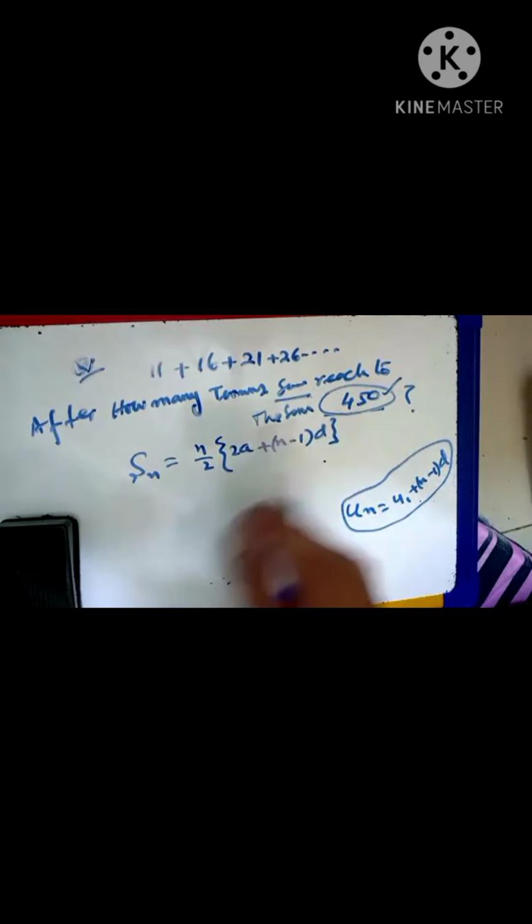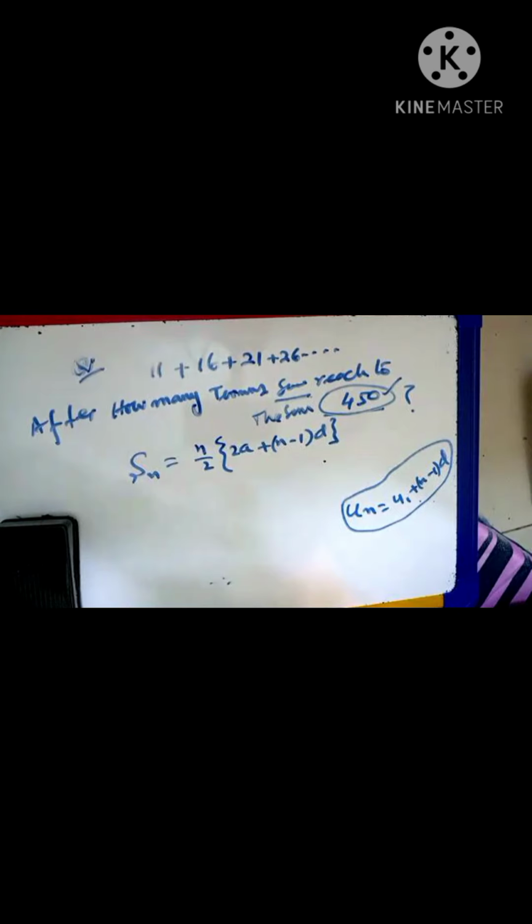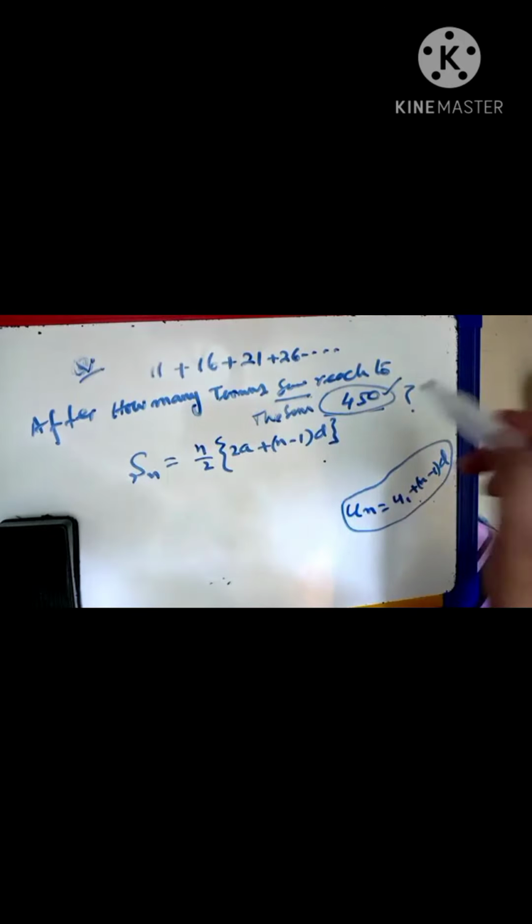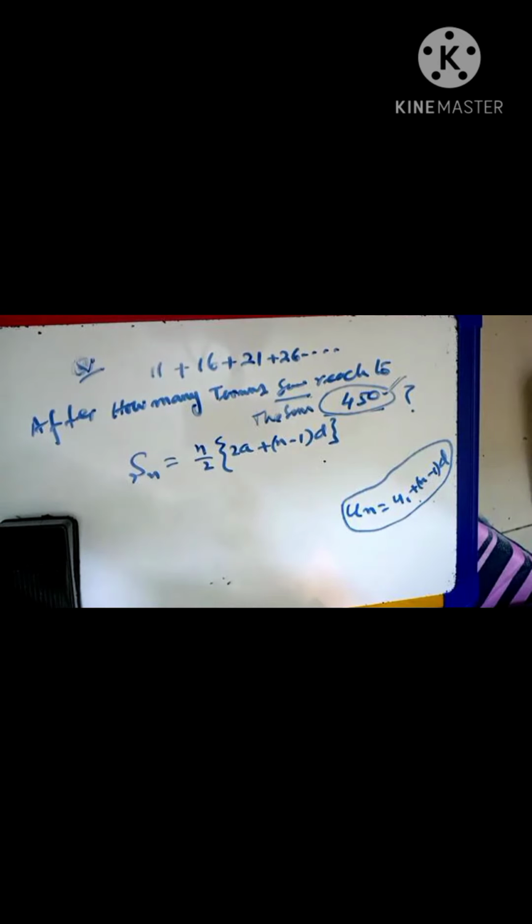So 450 equals this. It means in this how many terms are required to reach 450. This will give you n. Only in this question, the calculation should be strong so that you can get n.